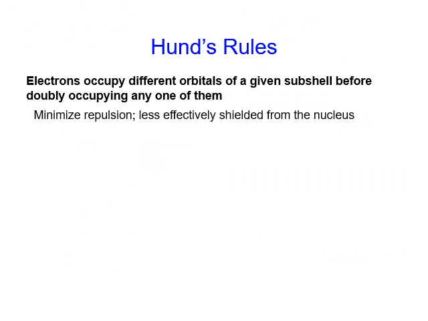We just introduced the Pauli exclusion principle, which says that one orbital can only hold a maximum of 2 electrons, and they must be in opposite spin. What happens if we have more than one orbital that has the same energy? This is addressed by Hund's rule, which says electrons occupy different orbitals of a given subshell before doubly occupying any one of them.